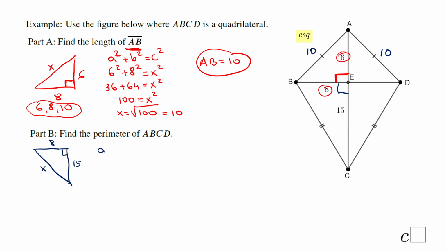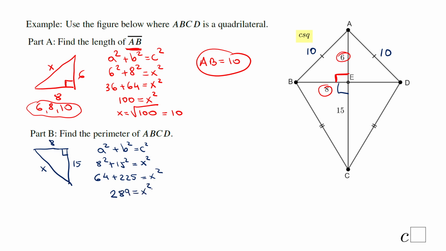x. So again, with the same setup, a squared plus b squared equals c squared, and we have 8 squared plus 15 squared equals c squared, or x squared in fact. So we have 64 plus 225 equals x squared. 64 plus 225, it's 289.